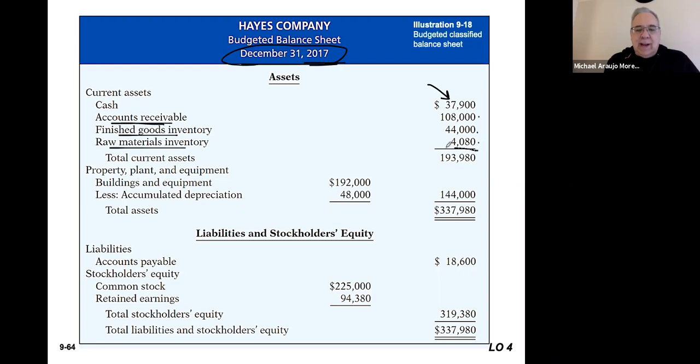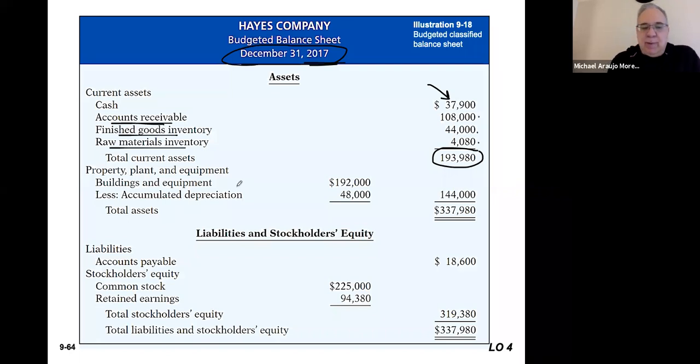So this is how they calculate their current assets on the budgeted balance sheet. What they know from those budgets goes on here. Property, plant, and equipment, always fun.